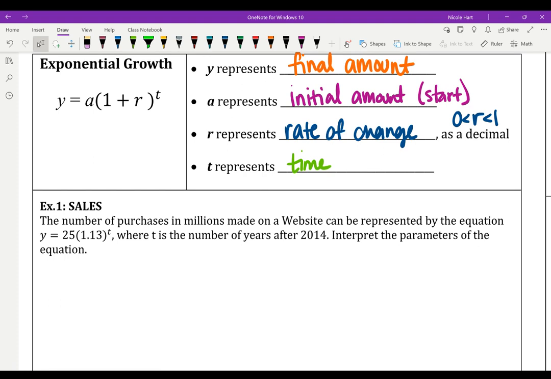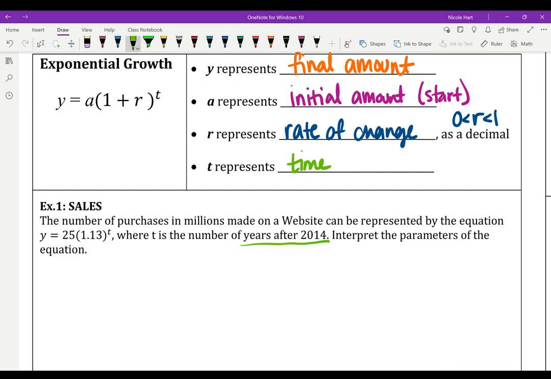So for example 1, it says the number of purchases in millions made on a website can be represented by the equation y equals 25(1.13)^t, where t is the number of years after 2014. And this just wants us to interpret the parameters. We're not solving for anything.